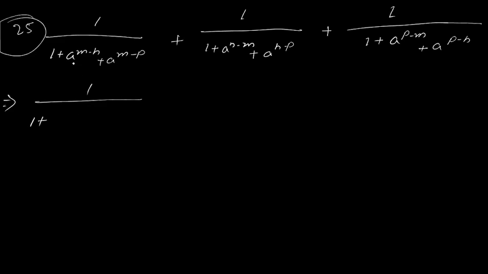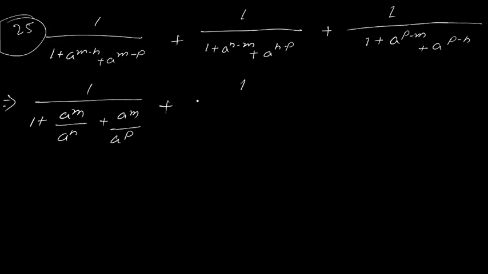1 plus, tell me, a to the power m minus n, in the sense it would have been a to the power m multiplied by a to the power n, and since it's a minus n, it will go down and it will become a to the power minus n plus a to the power m a to the power p.